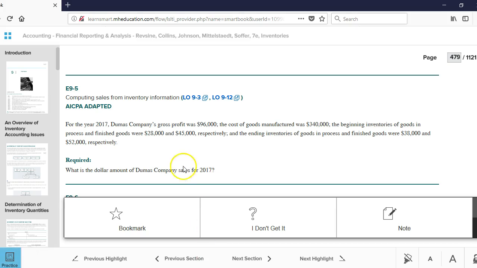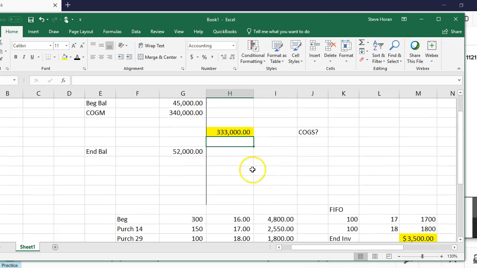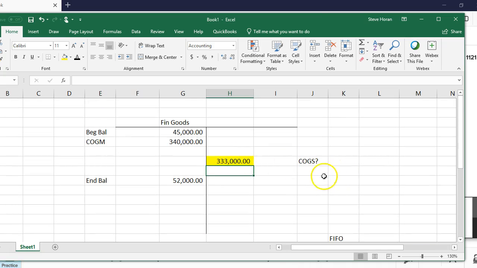Now the other part of the question is, what is sales for the year? And that's really what the ultimate answer is. But you have to compute what the cost of goods sold is to do that. And then it says here, gross profit was 96. Aha, that's the answer, right? So my cost of goods sold of 333.